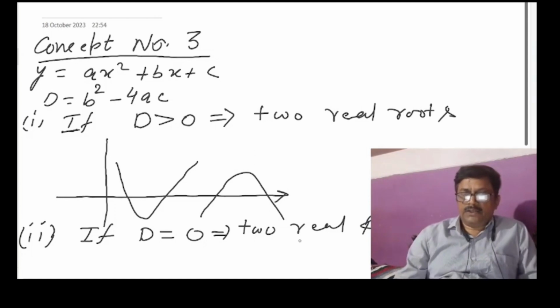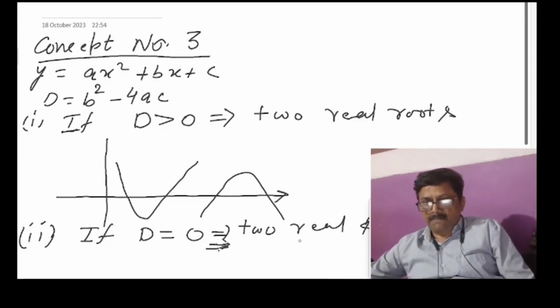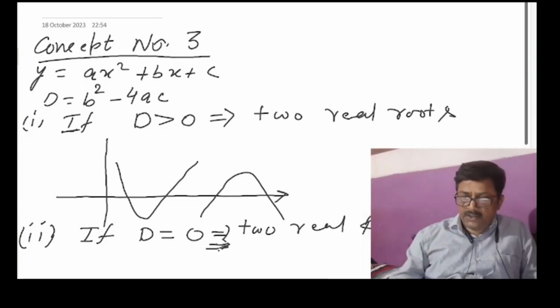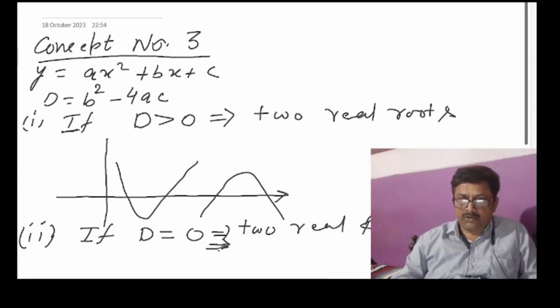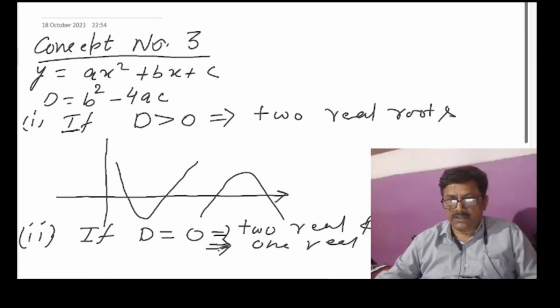Two real and equal, but if two things are equal, then they are not two. Actually, in reality, they are only one. If two things are equal, it means only one real root.